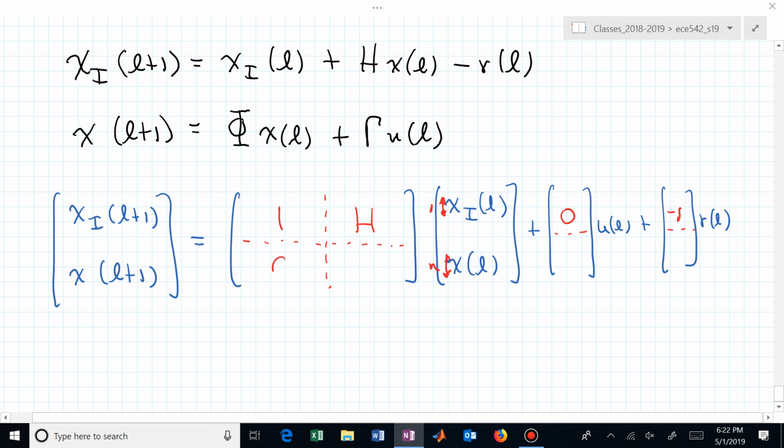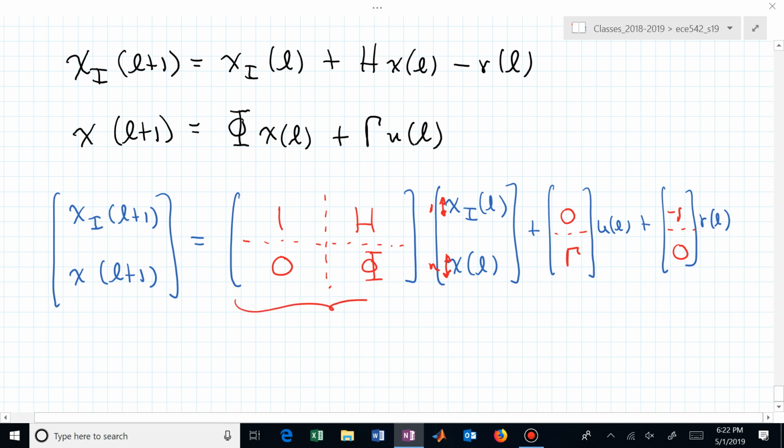No, so a big 0 goes there. And what goes in the 2-2 submatrix in this augmented system matrix? That's now our phi. Here's a gamma, and there's a 0.